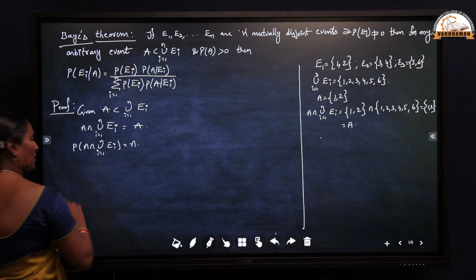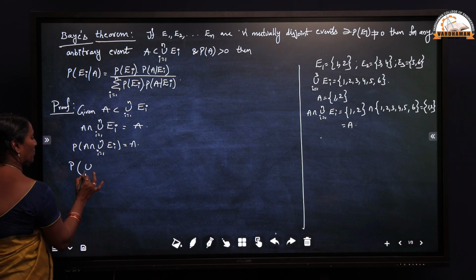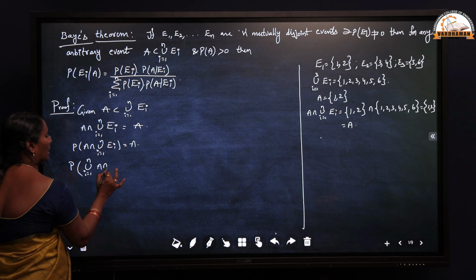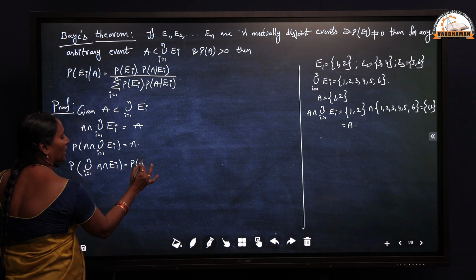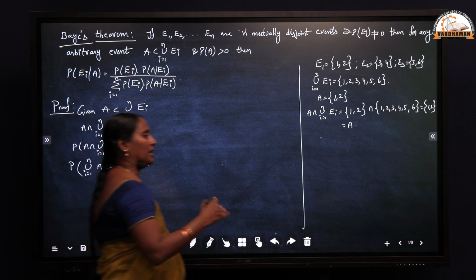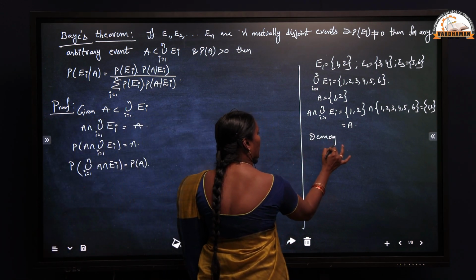Now we are going to write it as a union set. So P of the union over i equals 1 to n of A intersection Ei is equal to P of A. Before this concept we learned De Morgan's laws, so let us see it one more time.